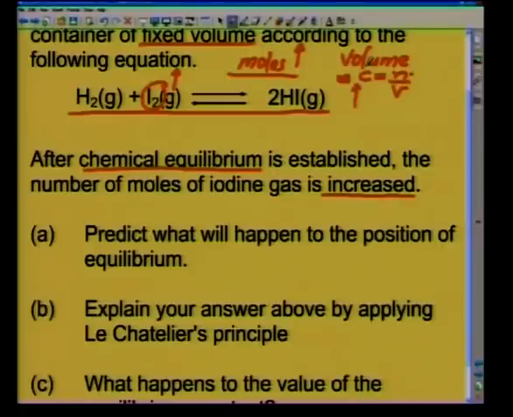It's getting up. Okay? So you have changed the concentration of iodine here. You have increased it. Now, what is the system going to do to try and bring back the balance again? Because now the equilibrium has been disturbed by the increase in this concentration. So what is the system going to do?